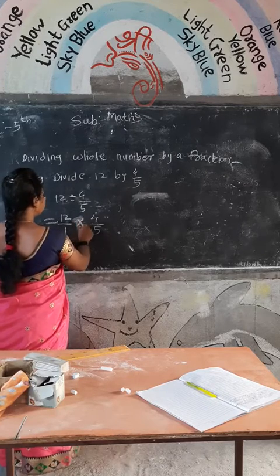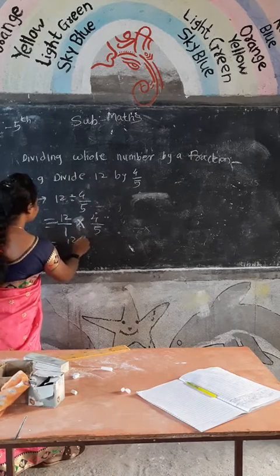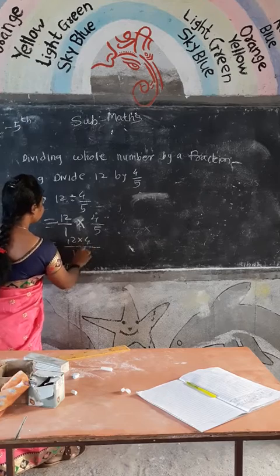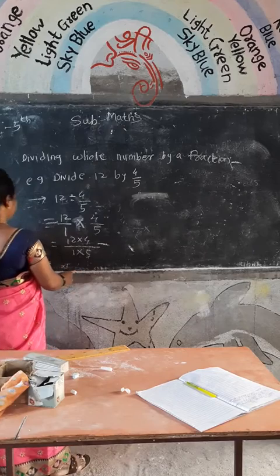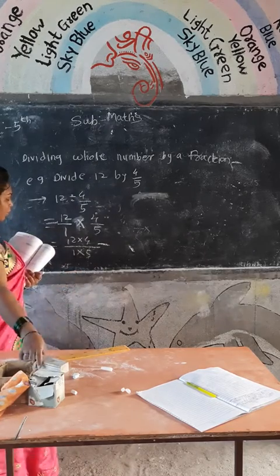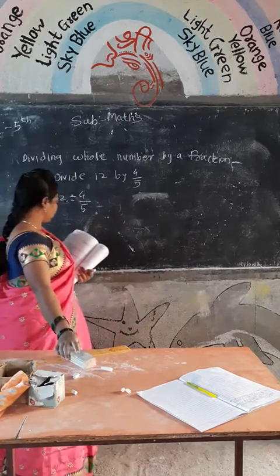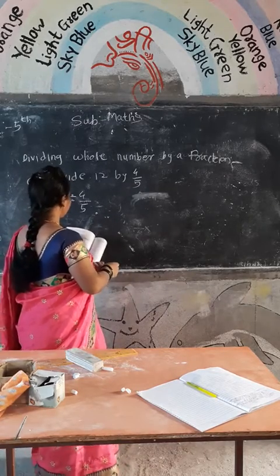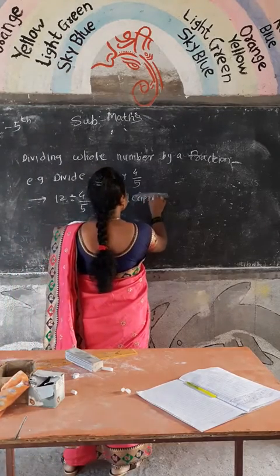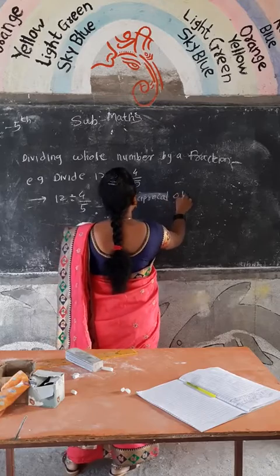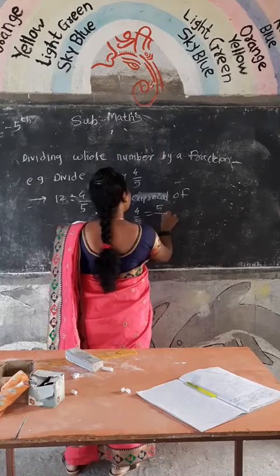Then take the reciprocal of 4/5, which is 5/4.